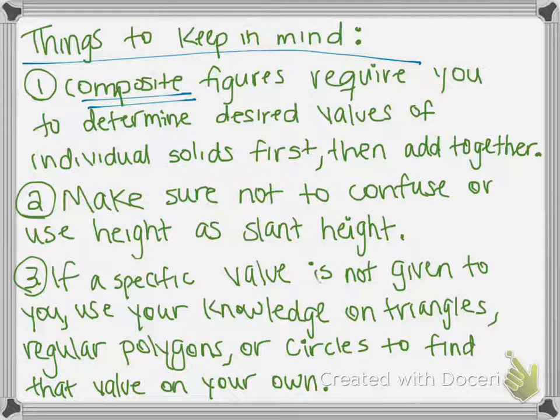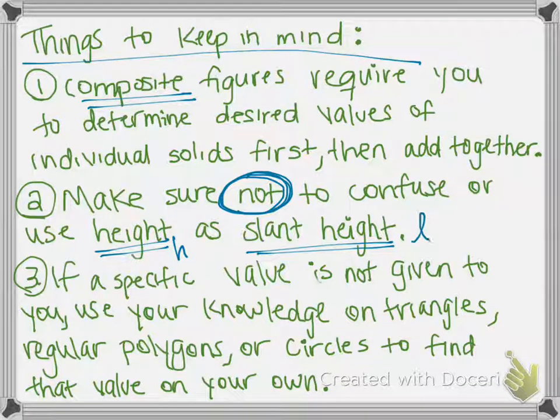Another note, number 2, make sure not, keyword not, to confuse or use height as slant height. Height will be an H, slant height will be an L, and they actually are two different ones.